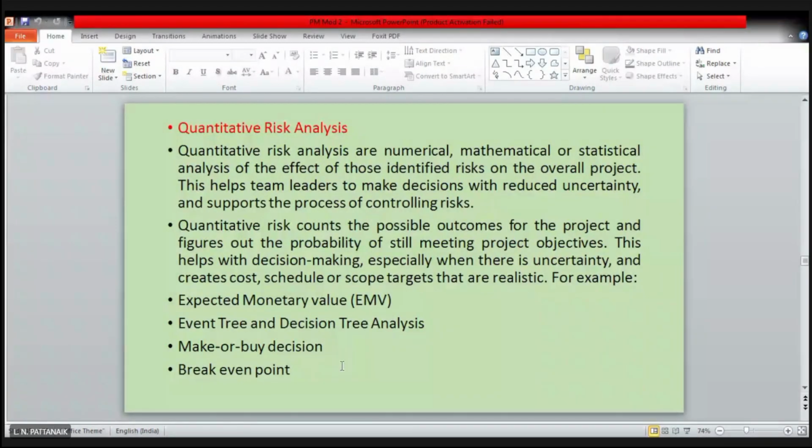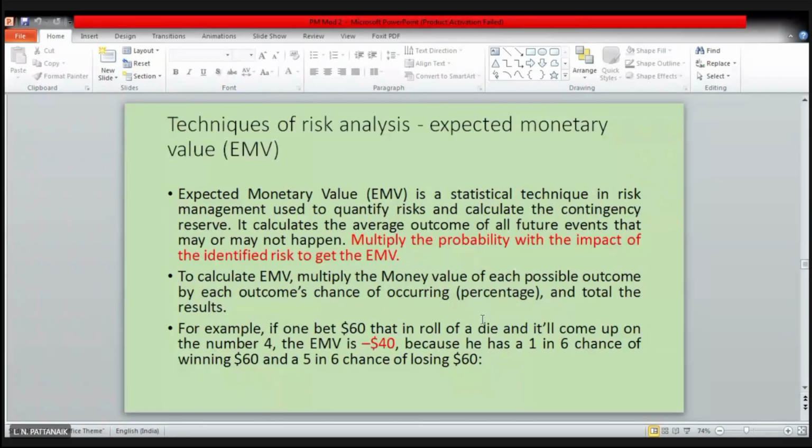I just introduced a little bit about that in the previous class. This is giving you a kind of expected monetary value associated with any alternative or any option that you are trying to take to mitigate the risk.